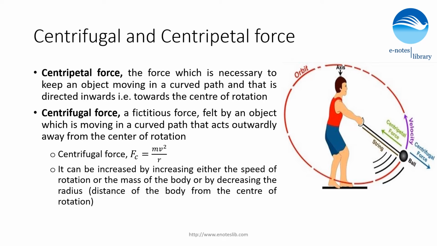So we can easily say that centrifugal force will increase if we increase the mass and velocity of the body, while it will decrease if we increase the radius, which is the distance of the body from the center of rotation.